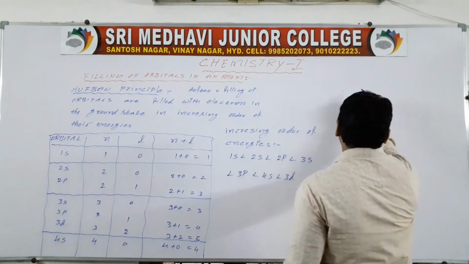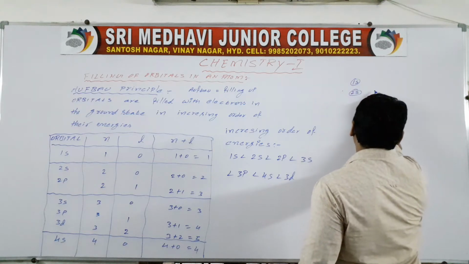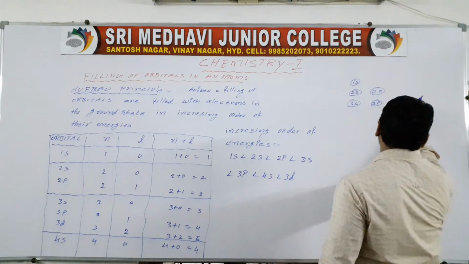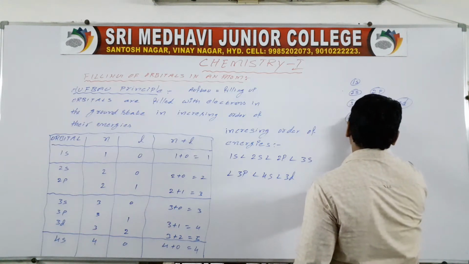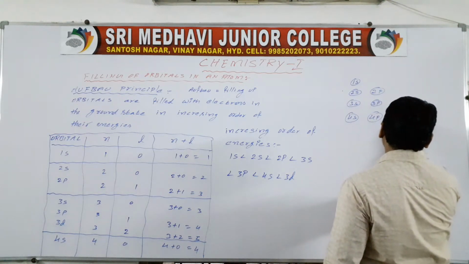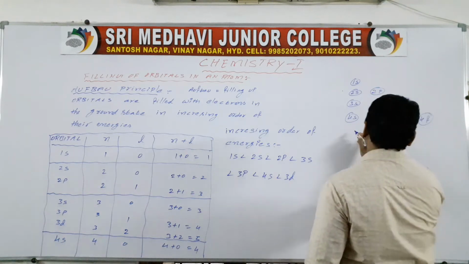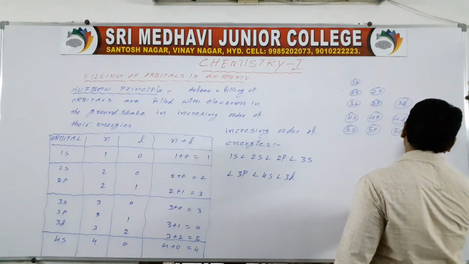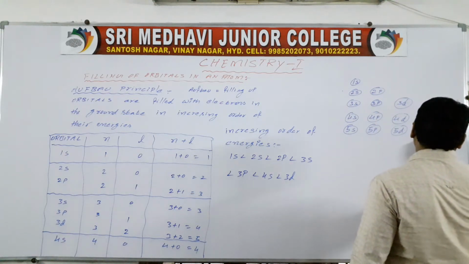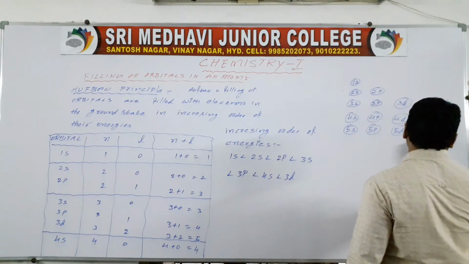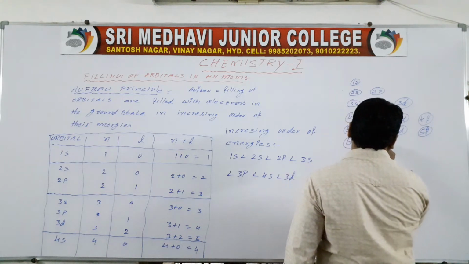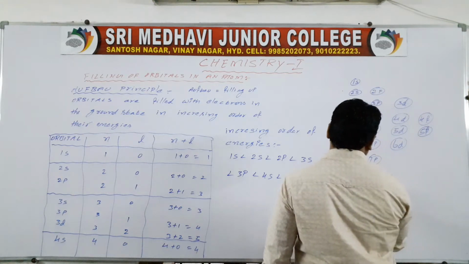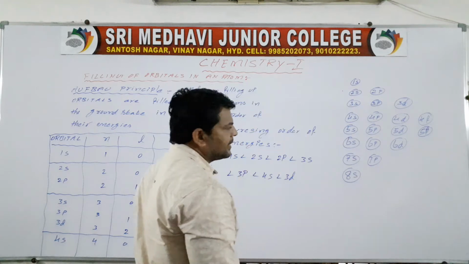This is the filling of orbitals diagram: 1s, then 2s, then 2p, 3s, 3p, 3d, 4s, 4p, 4d, 4f, 5s, 5p, 5d, 5f, 6s, 6p, 6d, 7s, 7p, next 8s. This is the way electrons will be filled.